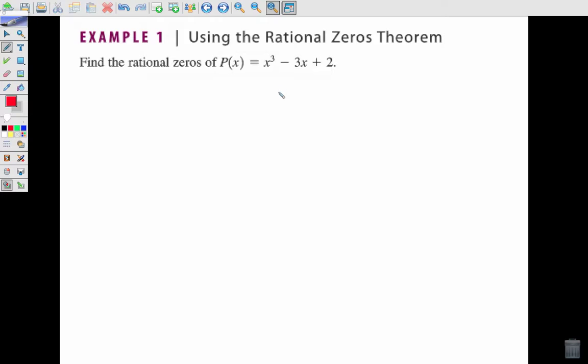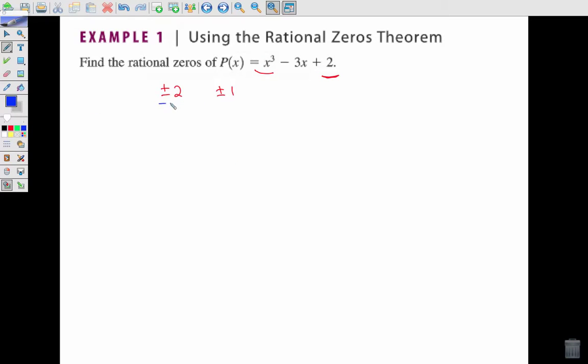Okay, so we have the polynomial x to the third minus 3x plus 2. So we want to look at the factors of the constant term, plus or minus 2 or plus or minus 1. Okay, and then we want to look at our leading coefficient. Our leading coefficient is 1.